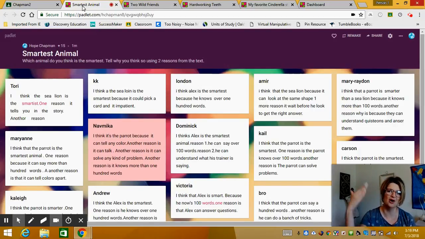So they read the article that is provided by Scholastic News, and then I post a Padlet with a question. For example, the title of the Scholastic article was called The Smartest Animal, and it says, which animal do you think is the smartest? Tell why you think so using 2 reasons from the text.